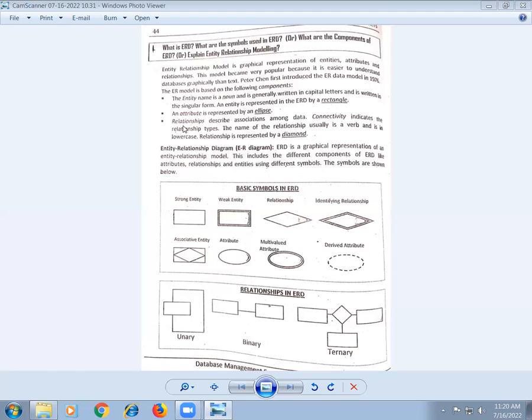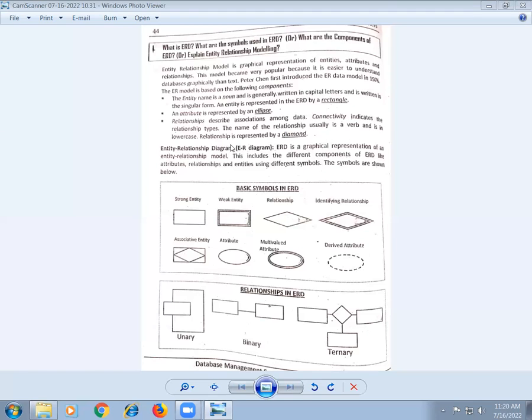The third point: relationships describe associations among data. Connectivity indicates the relationship types. The name of the relationship is usually a verb and is in lowercase. A relationship is represented by a diamond.